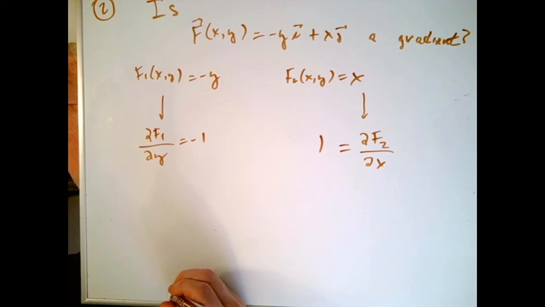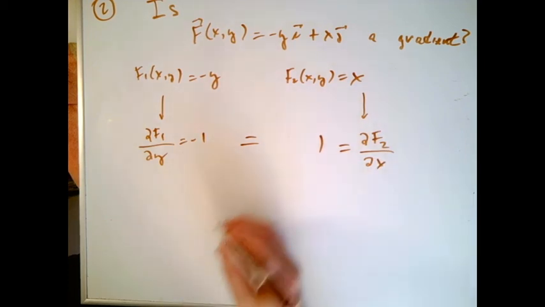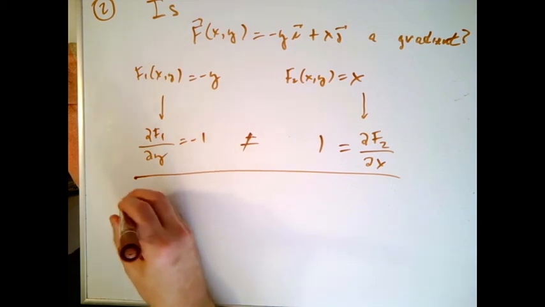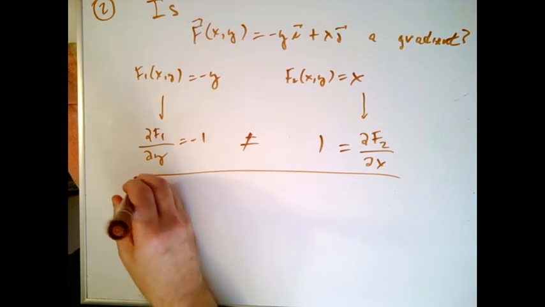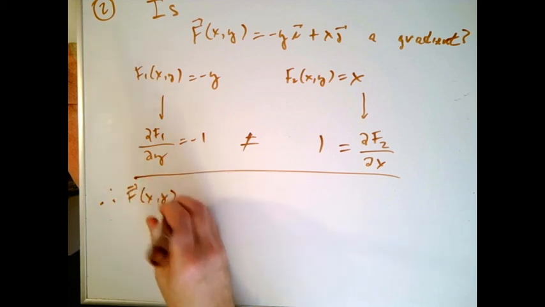Now, if this was the gradient of something, those two would be equal. Because this would be fxy, this would be fyx, and those are normally equal. But they're not, right? That's going to tell us that this vector field, let's write it as a conclusion. This vector field is not the gradient of any function.